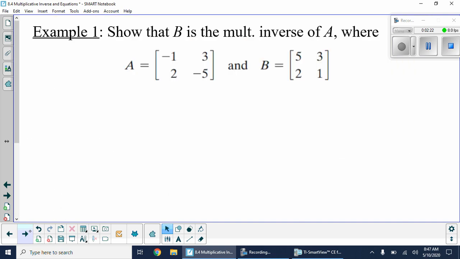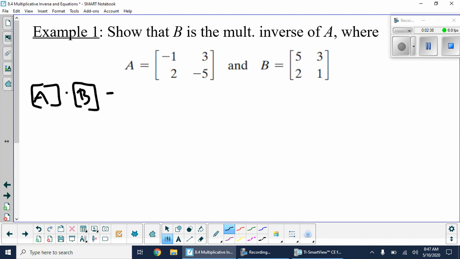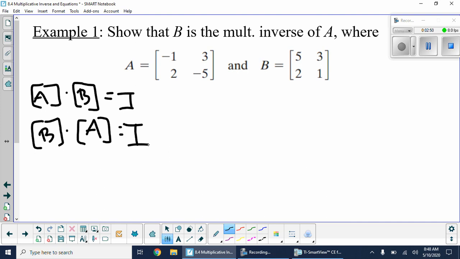So let's talk about what you would do to figure out if B is the multiplicative inverse of A. If this is going to be the multiplicative inverse, then matrix A times matrix B should come out to the identity, and the other way around, matrix B times matrix A should also come out to the identity.